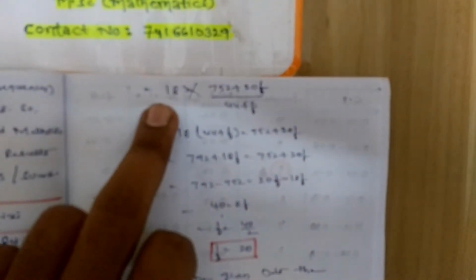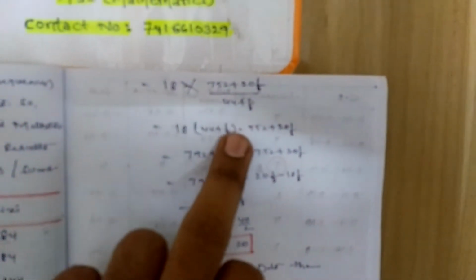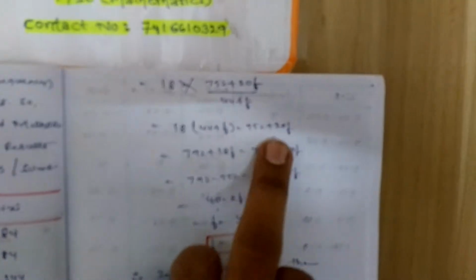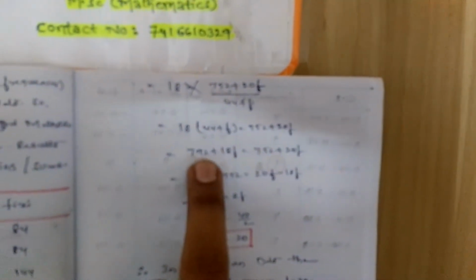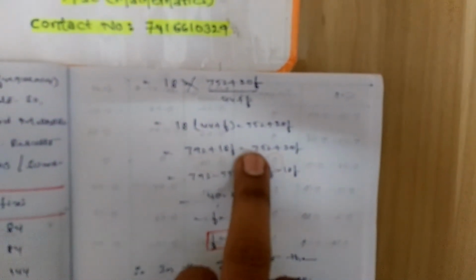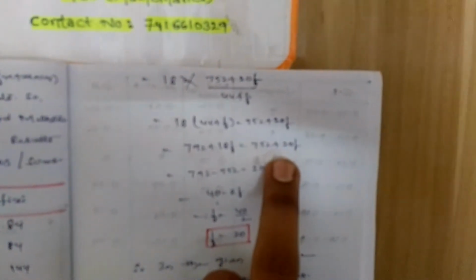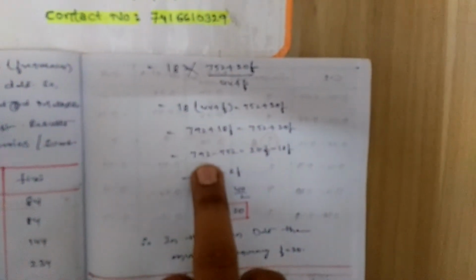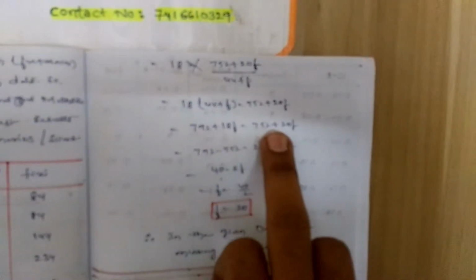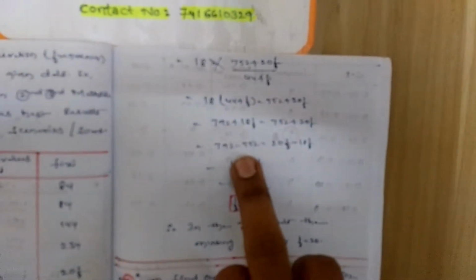Now take the product of 18 into 44 plus f, which is equal to 752 plus 20f. So we get 792 plus 18f is equal to 752 plus 20f. Take numerical terms to one side: keep 792 as it is, and send 752 to the LHS, it becomes minus 752.